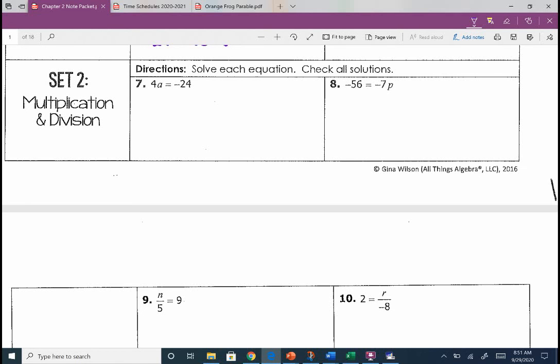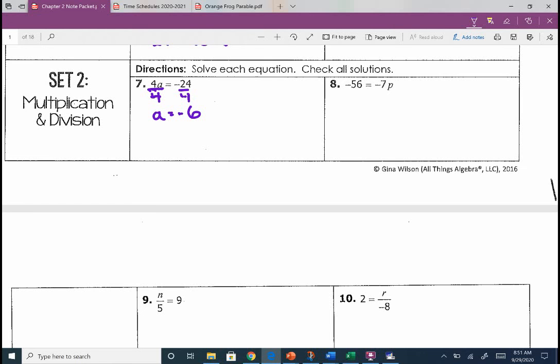So what was our inverse for multiplying? Dividing. So when you divide, you can do the fraction bar, is what I would recommend. 4 divided by 4, it's not 0, but it is 1. So I'm left with just A equals negative 6.